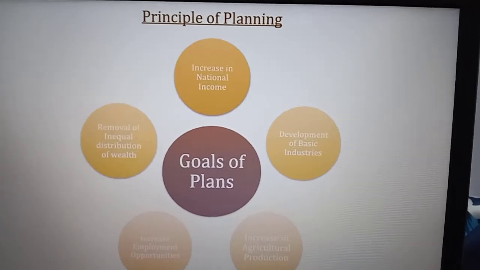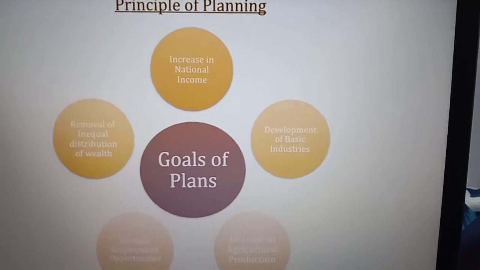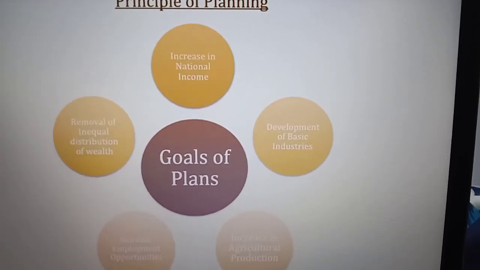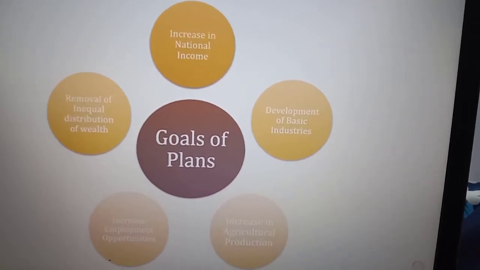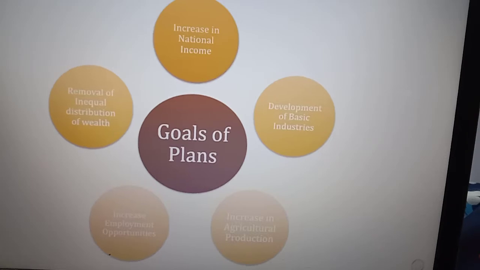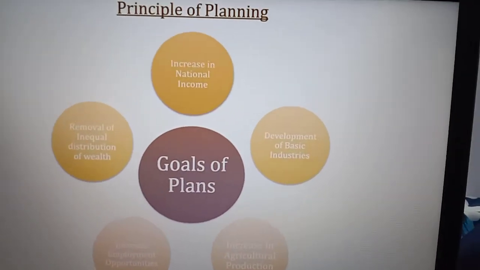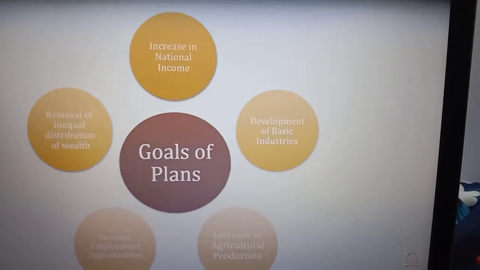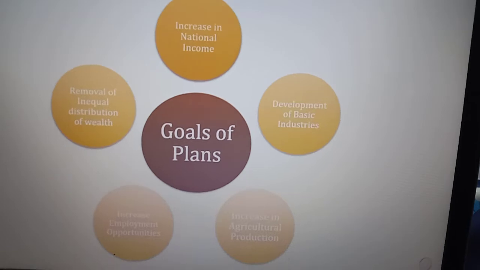We should use the human resource, the people, not always only machineries. Human resource, increasing employment opportunities. So instead of machinery, if we use more and more human beings, then we can give them employment opportunities, and by this we can remove the inequality among people in the matter of wealth.